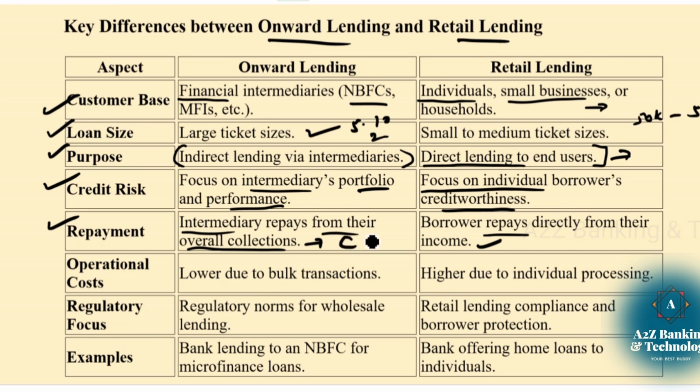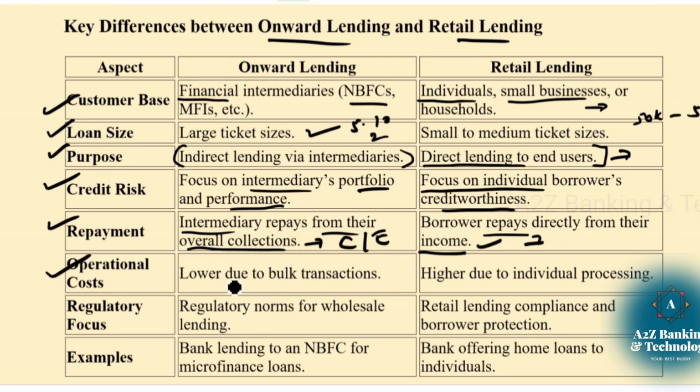So we call it collection efficiency. Also, we need to check on the onward lending, whenever we are funding any bank and NBFC, what is their collection efficiency? And in retail lending, we need to check their income and repayment capacity. I mean, how much income they have, how much income flow they have, what is the repayment capacity, that we need to check in retail lending.